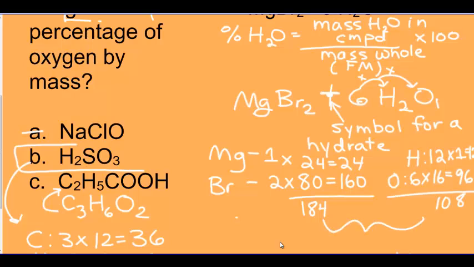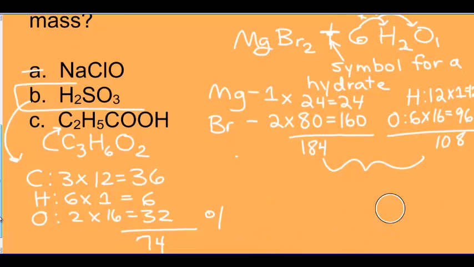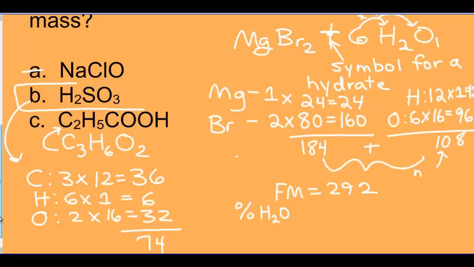So the formula mass of the whole compound, 184 plus 108, is 292. Let me just erase this so you don't get confused. So then the percent water is pretty easy to find, because I have the mass due to water, the mass of our 6 waters that we found up here.